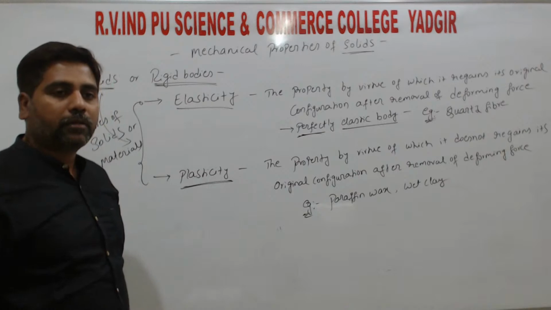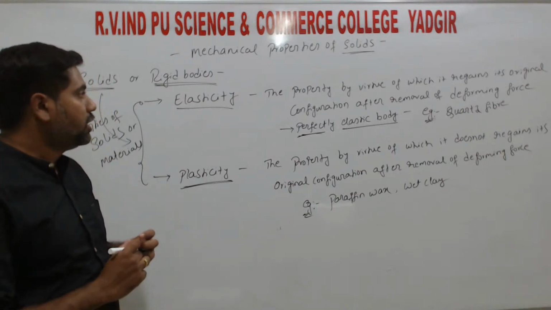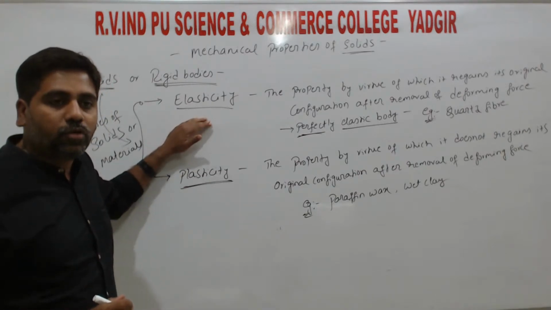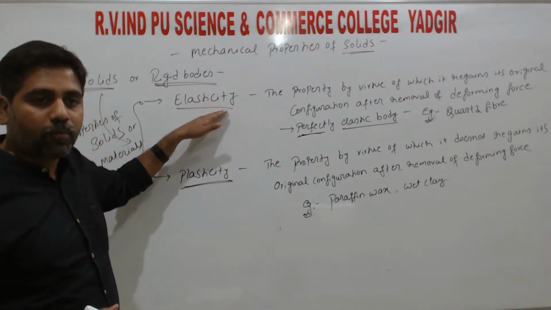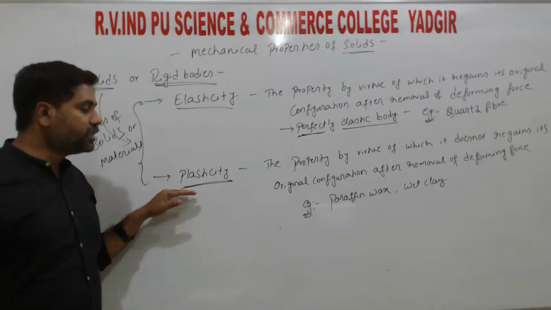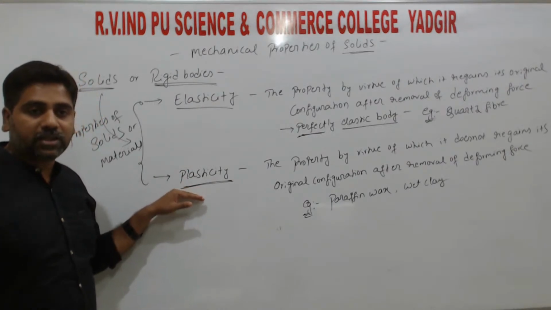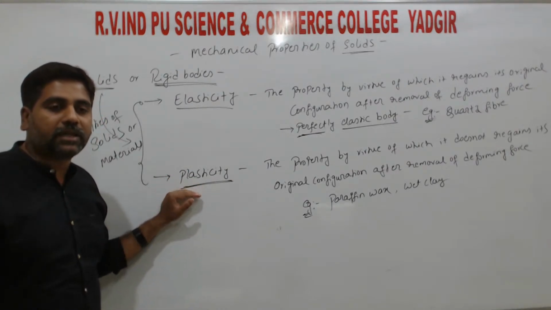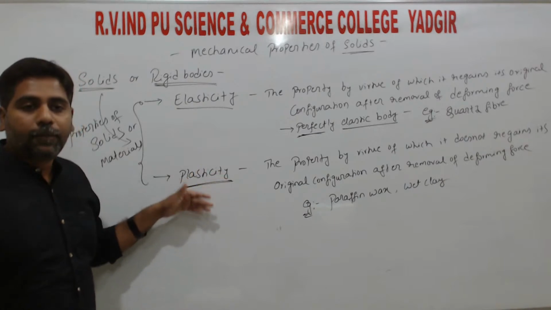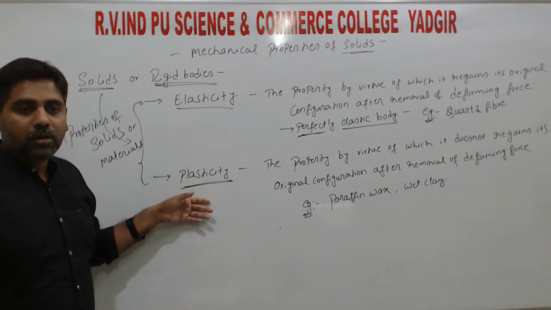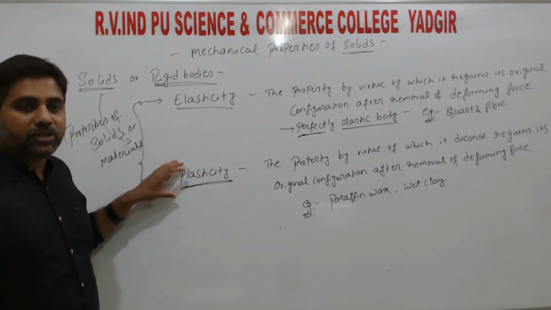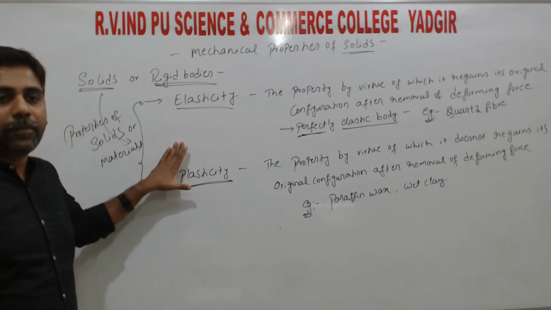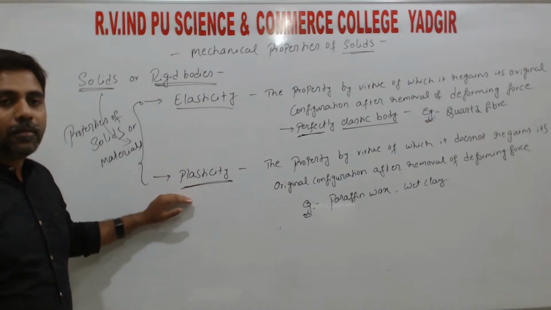The materials which exhibit elastic nature are elastic bodies. The materials which exhibit the property of plasticity are called plastic materials. So these are the two basic definitions regarding this chapter, elasticity and plasticity.